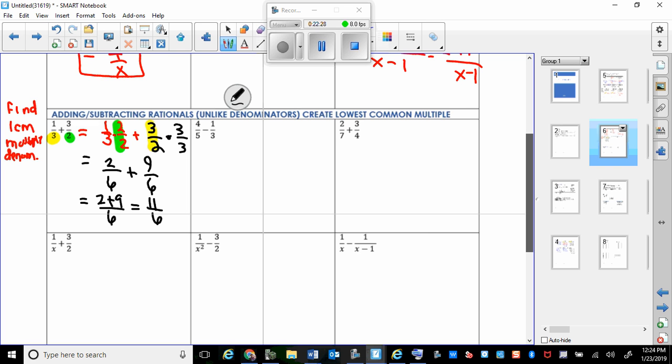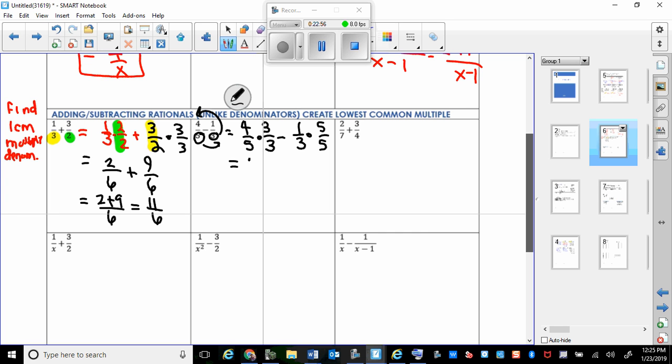So we're going to do that again. We know the denominators at the bottom for number 2, I have 5 and 3. So I'm going to have 5 swing over here and 3 swing over there. So this equals 4 over 5 times 3 over 3 minus 1 over 3 times 5 over 5.